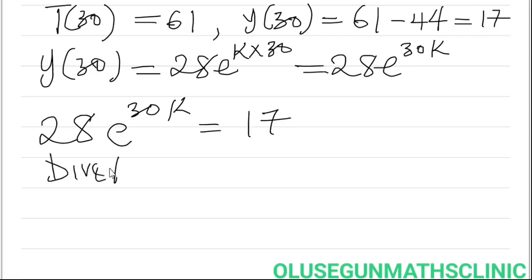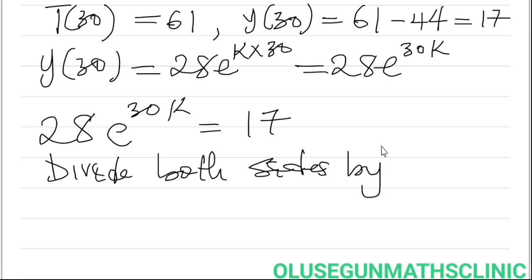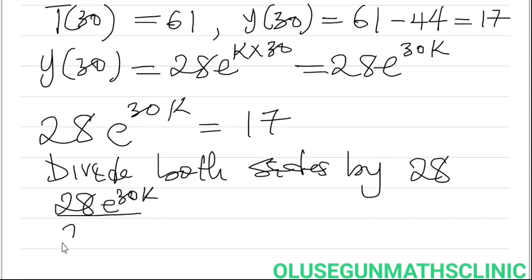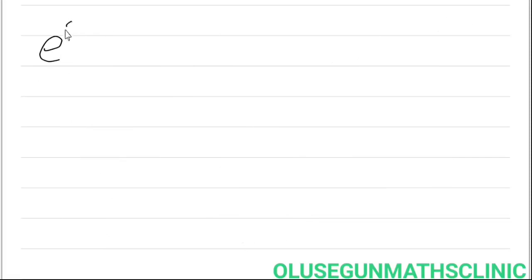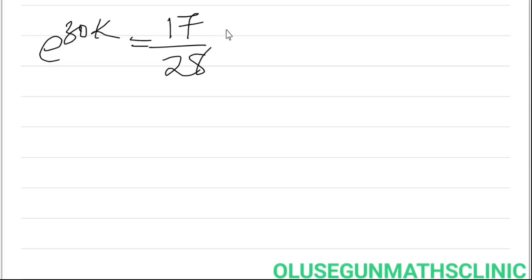Divide both sides by 28. So we have 28 e^(30k) over 28 equal to 17 over 28, so e^(30k) is 17 over 28. Now, how do we get the value?